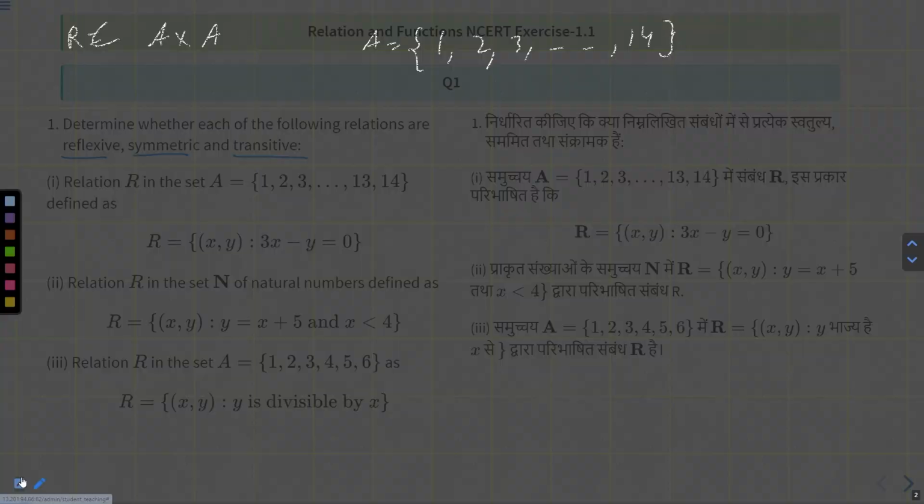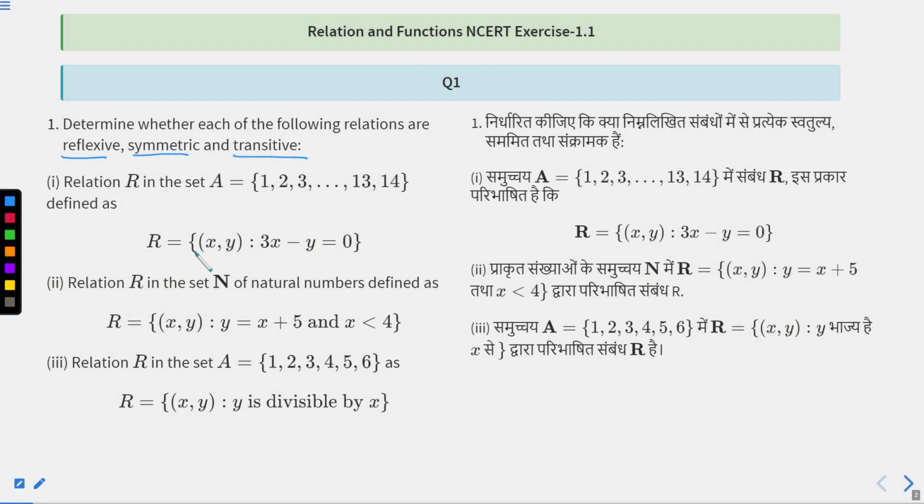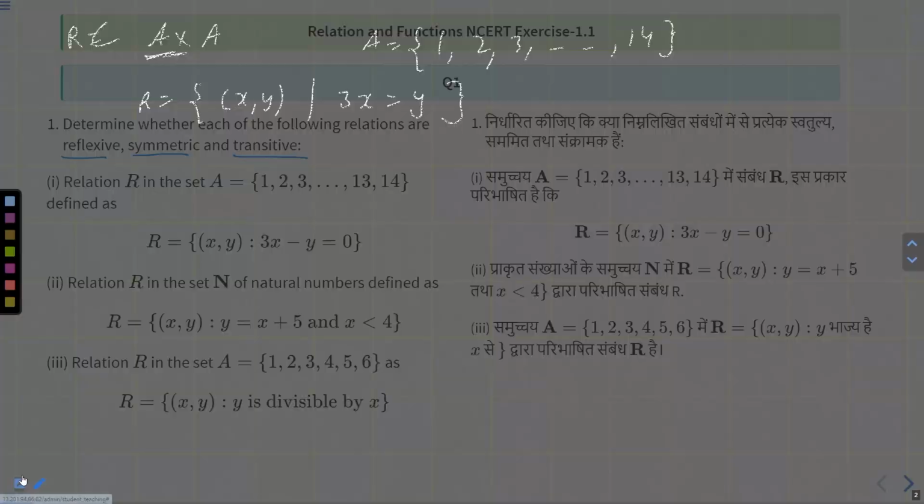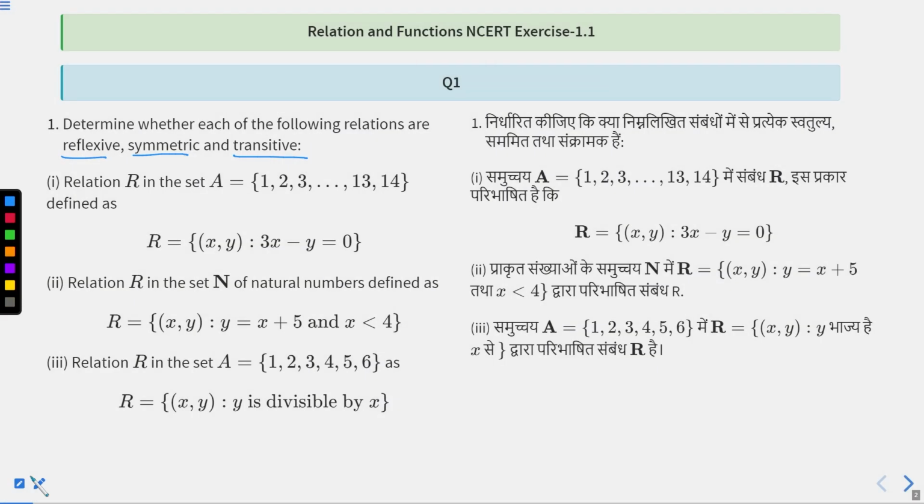R is defined as 3x minus y equals 0, or I can say 3x equals y. All the pairs such that 3x equals y, where x and y belong to A. I hope this is very clear to you.